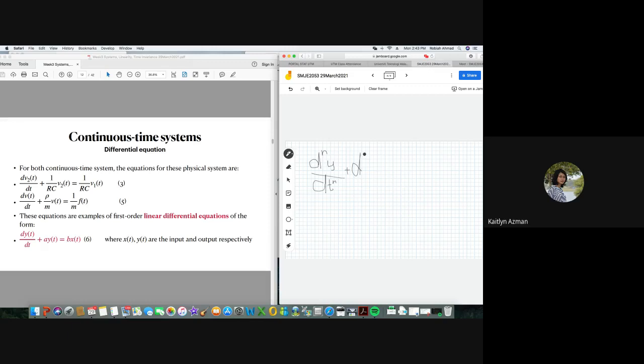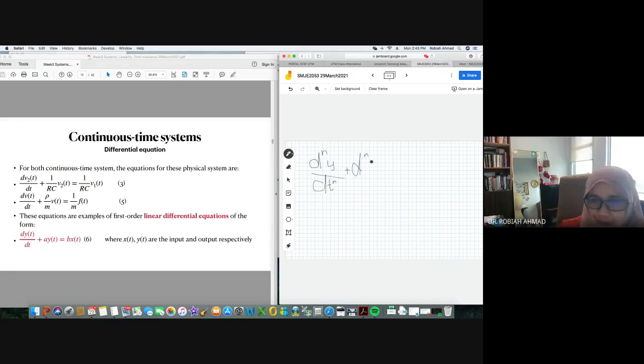And then after that d^(n-1) y over dt^(n-1), and then plus dot dot dot plus y equal to u, pun sama lah sepatutnya, tapi kalau kita nak simplify kan kita kata u(t). Okay, so this depends on n, which refers to the order of your system.